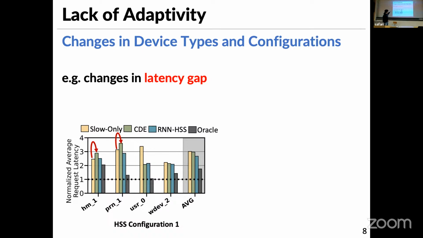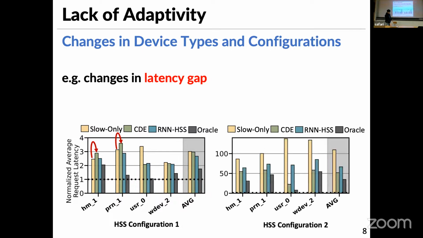So here we have added the slow only policy, which would be using only the slow device, which is a bad policy, and you always want to be below this one. So here you can see the latency is increased compared to the slow only in the first configuration. Whereas if you have the same data placement policy and the same workloads for a configuration with a different latency gap, it will be doing much better.